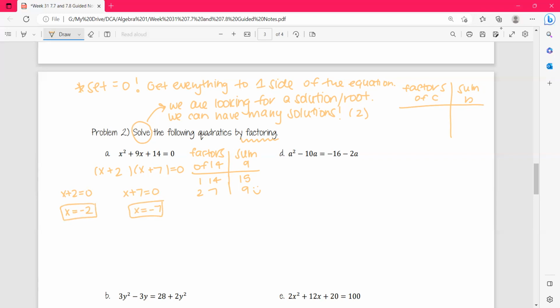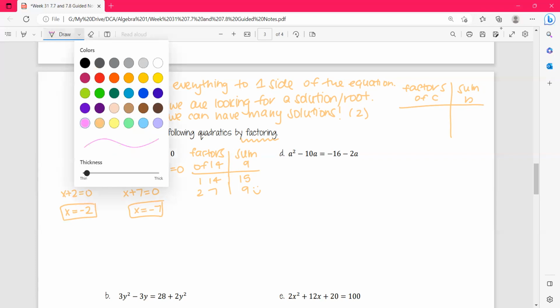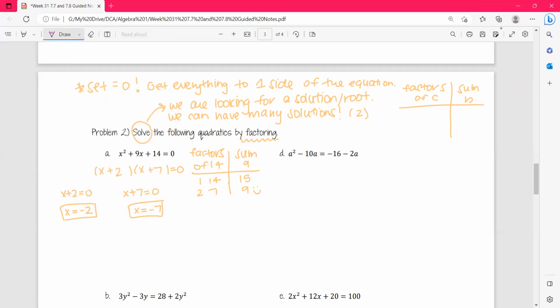And those are my answers. Let's do it again. Change up the color here. Notice for D, not everything is on one side, so we've got to get everything to one side. Let's add 16 over. And when we do this, we want to keep the x squared term positive. So notice this a squared is already positive.